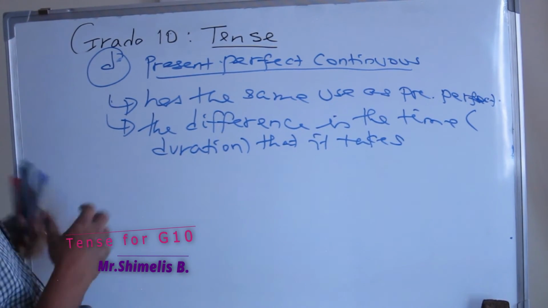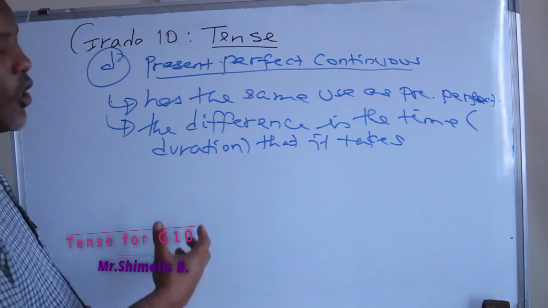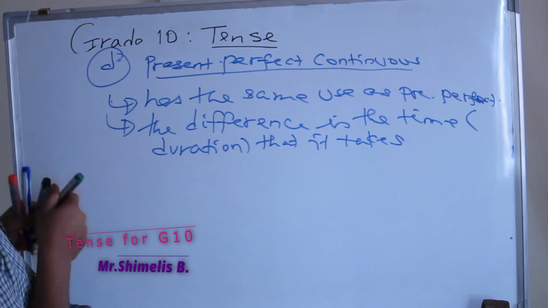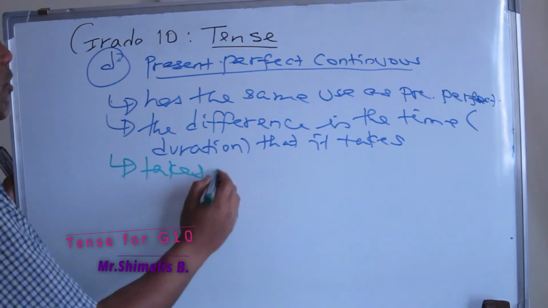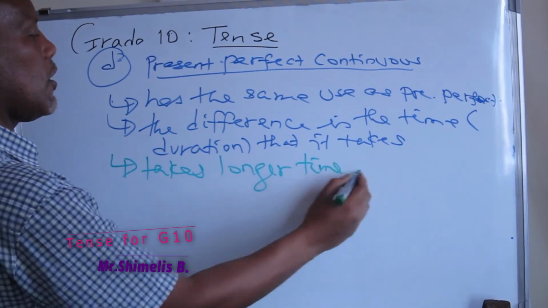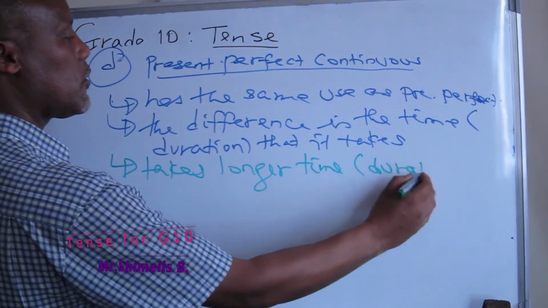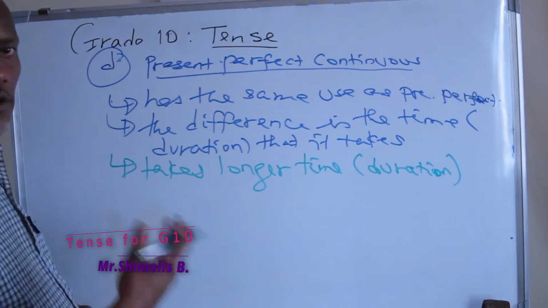In the case of present perfect continuous tense, the action takes a longer duration or a longer time. Okay, longer time or longer duration. This is a difference. The other difference is by their structure.